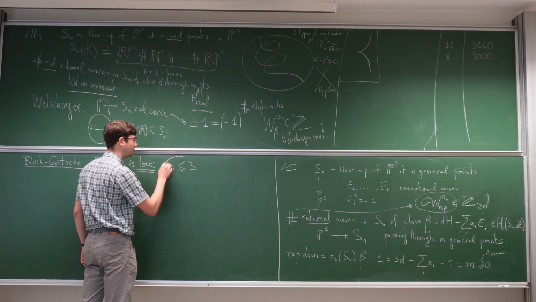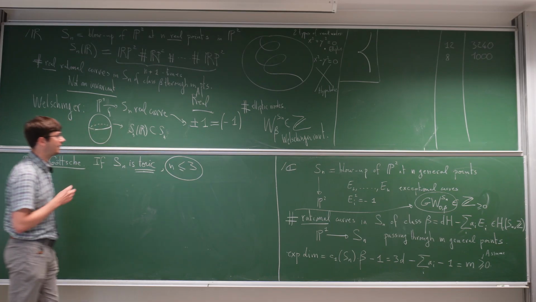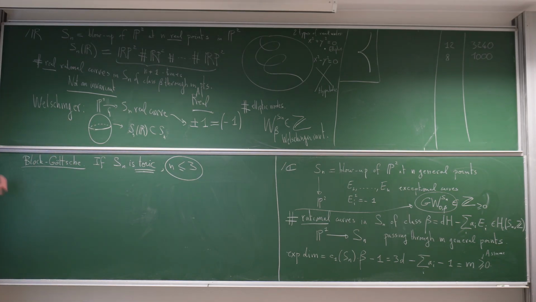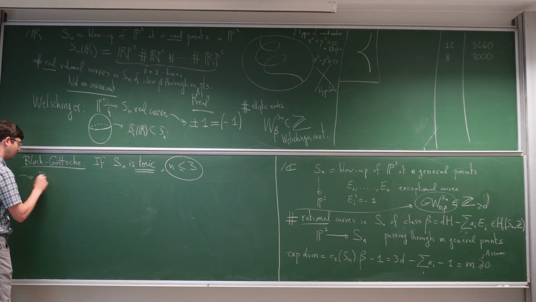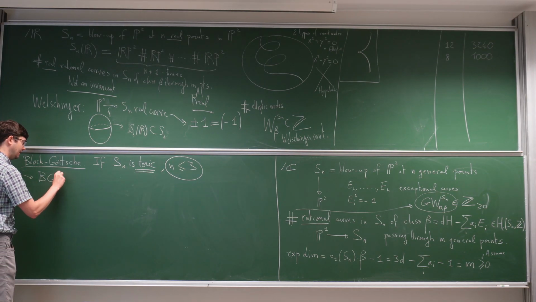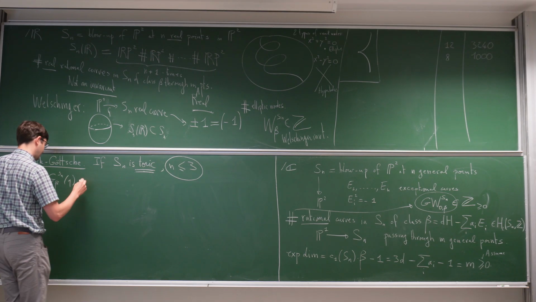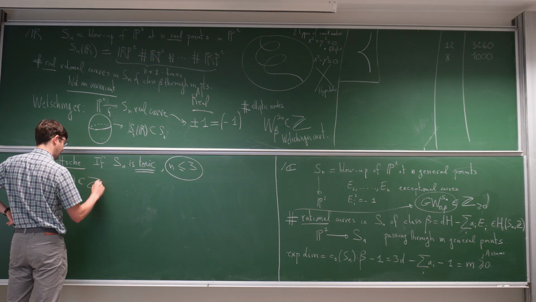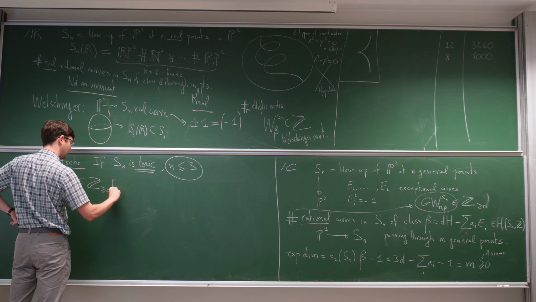So under this very strong assumption, if n is 0, 1, 2, 3, but not more, Block-Göttsche were able to define a polynomial, which I will denote by G beta Sn of q, with non-negative integer coefficients.